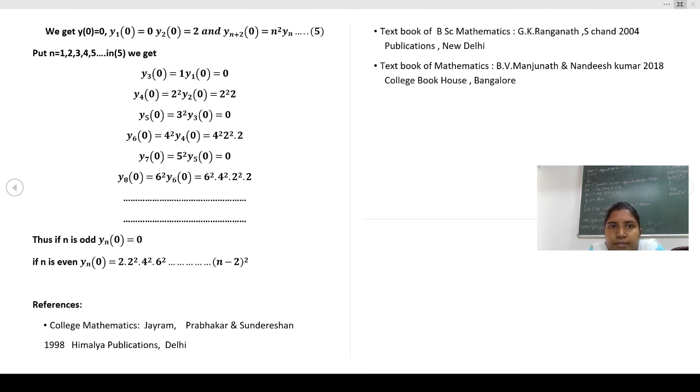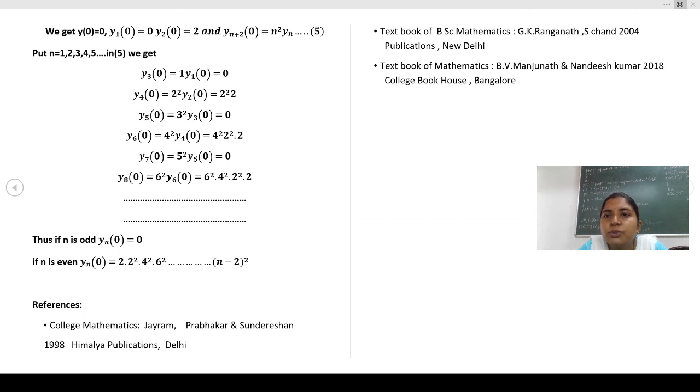Therefore, for n is equal to 3 in equation 5, we have y5 of 0 is equal to 3 square into y3 of 0. And y3 of 0 we got in the first step, it is 0. Therefore y3 of 0 is 0, 0 into 3 square is 0. So y5 of 0 is equal to 0. Next, applying n is equal to 4, we have y6 of 0 is equal to 4 square into y4 of 0, is equal to 4 square into 2 square into 2.